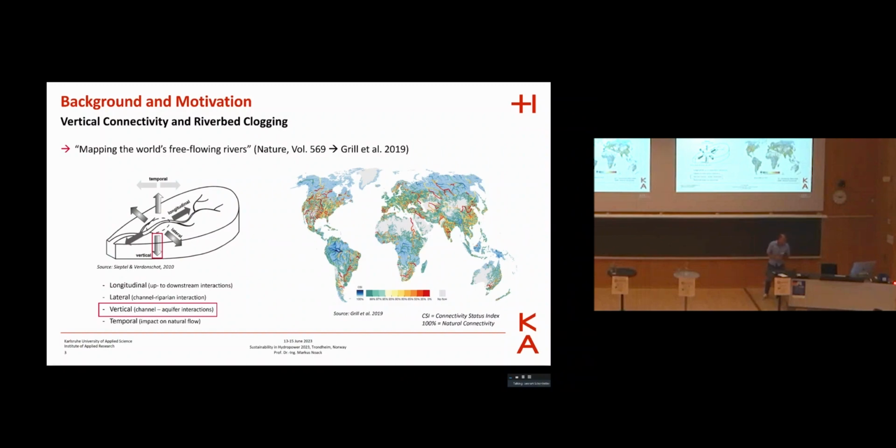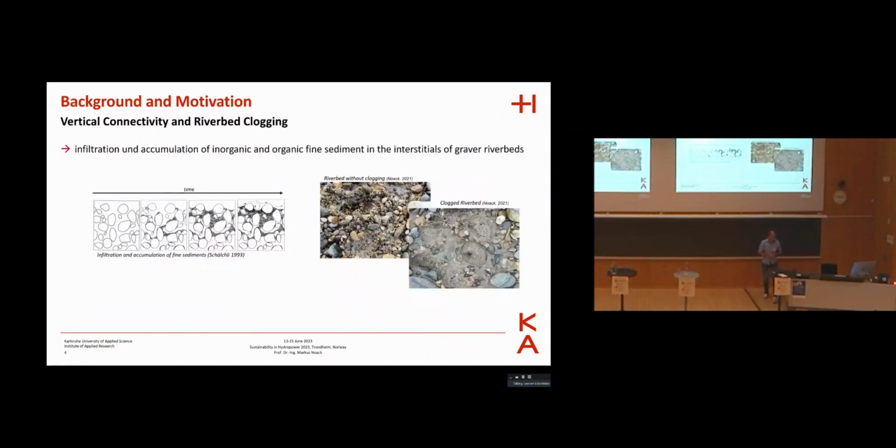So when we are talking about the vertical connectivity, we also need to talk about riverbed clogging because it hinders the vertical connectivity. And at least in Germany, the clogging is one reason why we are failing objectives of the Water Framework Directive. So what is clogging?